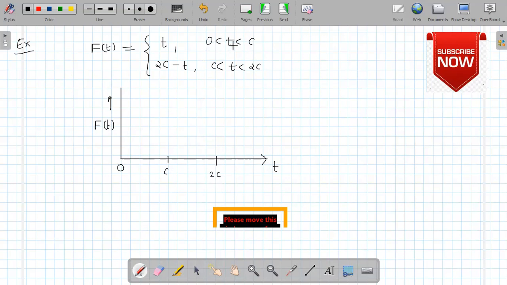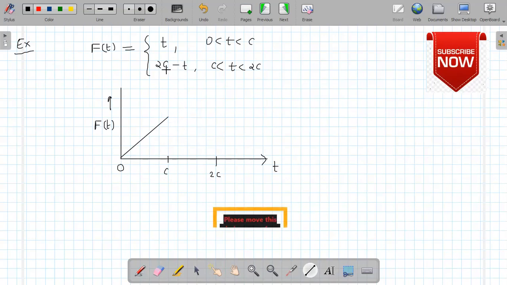When t lies between 0 to c, the value of the function is t, f of t equal to t, a straight line. Then it is 2c minus t, meaning the graph is decreasing.